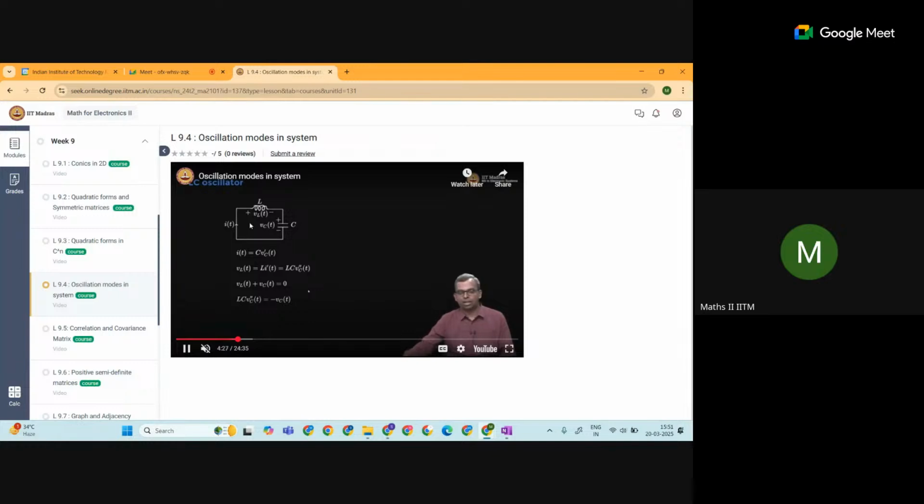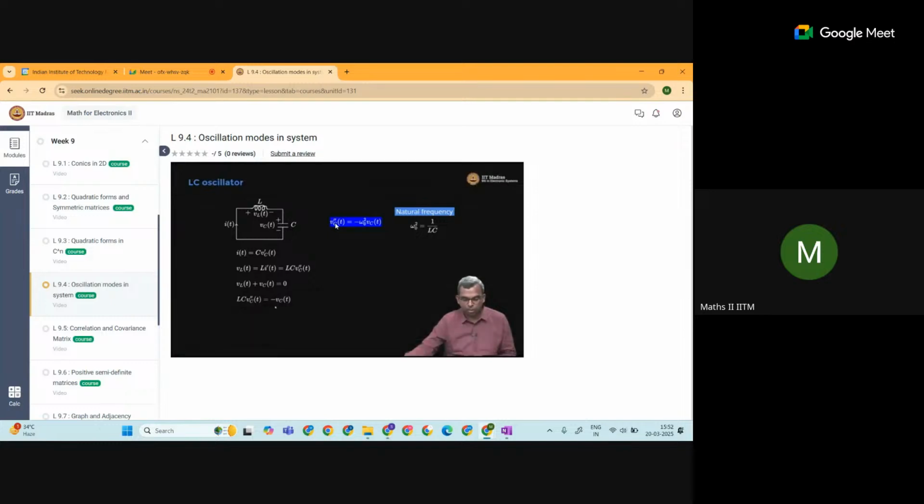This system can be converted into this kind of equation, which is partial, or if it is in one variable, a differential equation. It contains derivatives, so it is called a differential equation. And here omega we can think of as frequency.